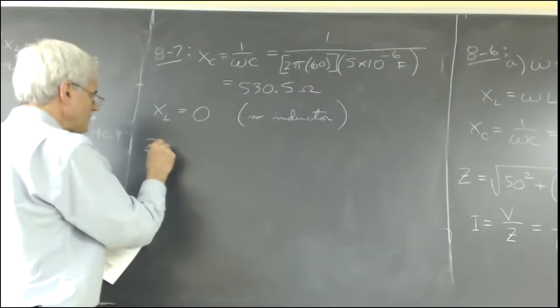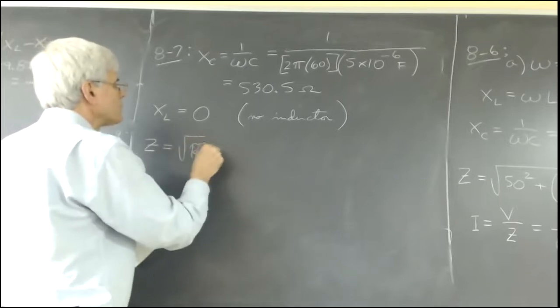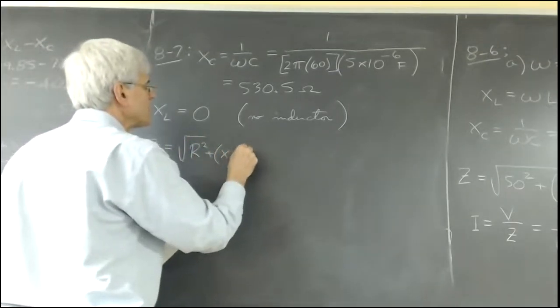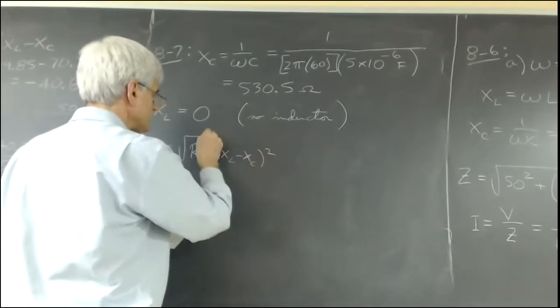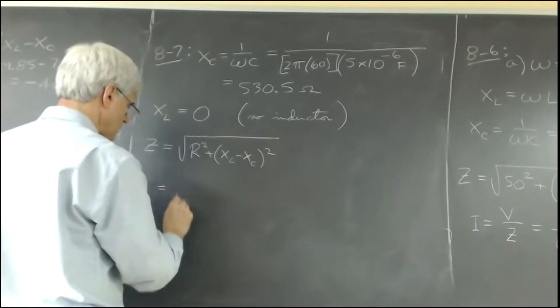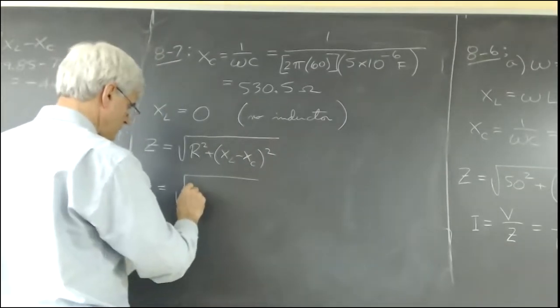The impedance then, square root of R squared plus XL minus XC squared. Resistance is 300.